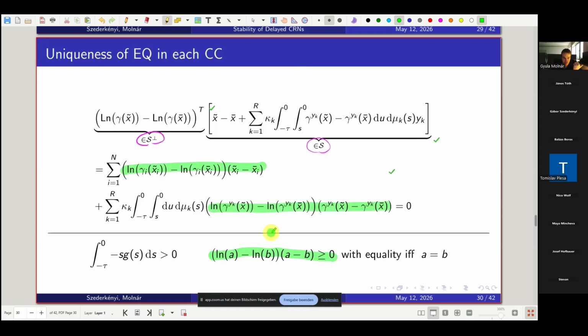Okay, and we have this other remaining part here, and here again we just evaluate the inner integral. That will be minus S. So basically we have this integral here then, and that will be greater than 0, because if we wouldn't have this minus S here, then from before that would evaluate to 1.